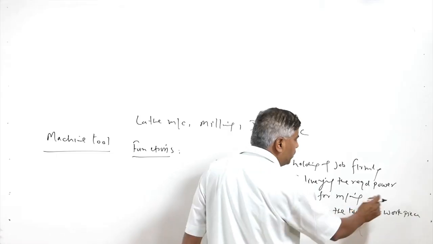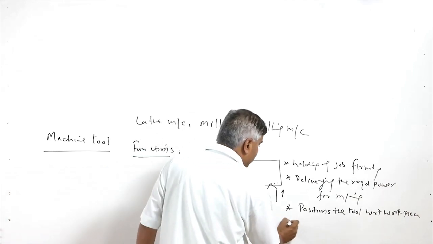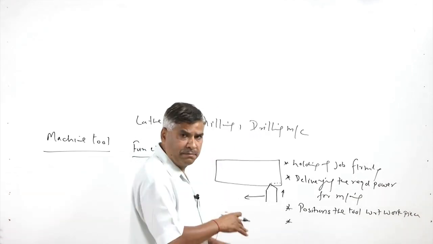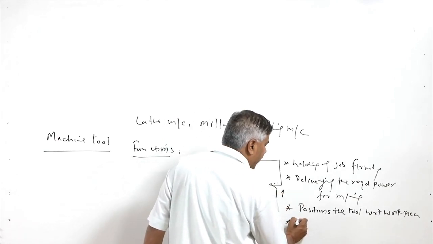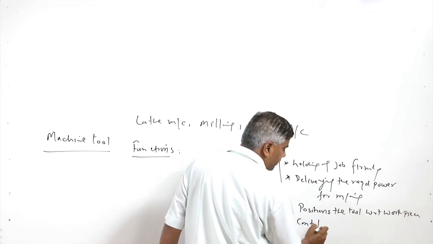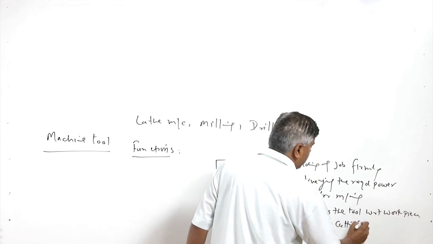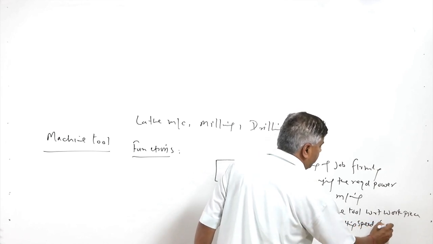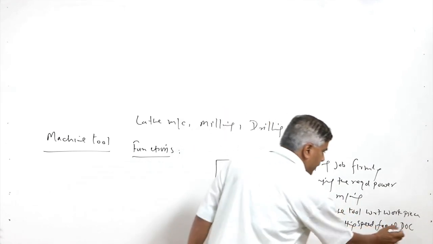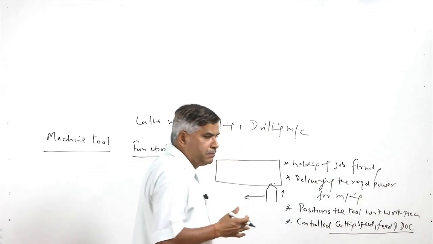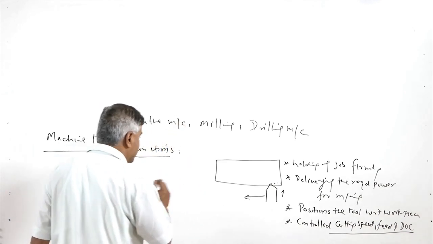So the position of the tool must be maintained and it should be moved along a particular line only, and for that the machine tool should be able to deliver controlled cutting speed, feed and depth of cut. These help in removing material from the stock in a very controlled way to get the desired size and shape.